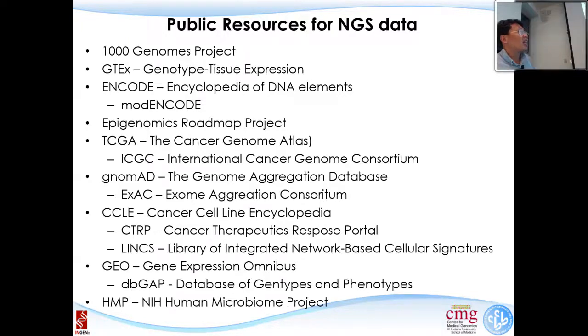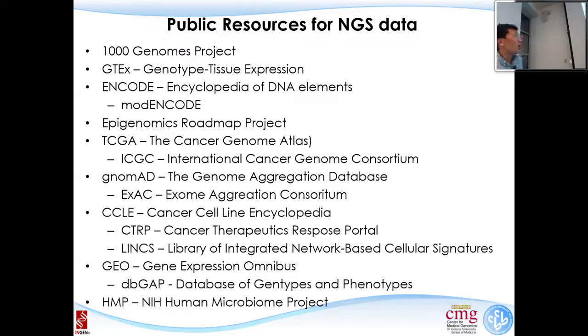In this project, they not only did the DNA sequencing, trying to identify somatic and germline mutations, but also RNA sequencing, microRNA sequencing, DNA methylation, and proteomics, very different levels of profiling for these samples. A similar effort is the ICGC project, which is the International Cancer Genome Consortium.